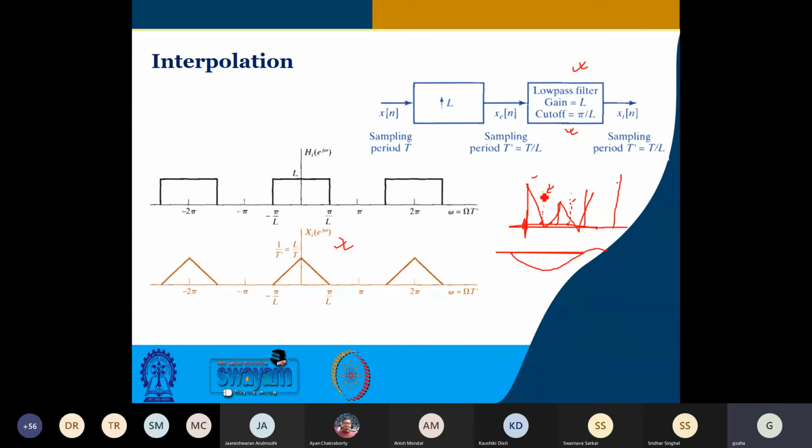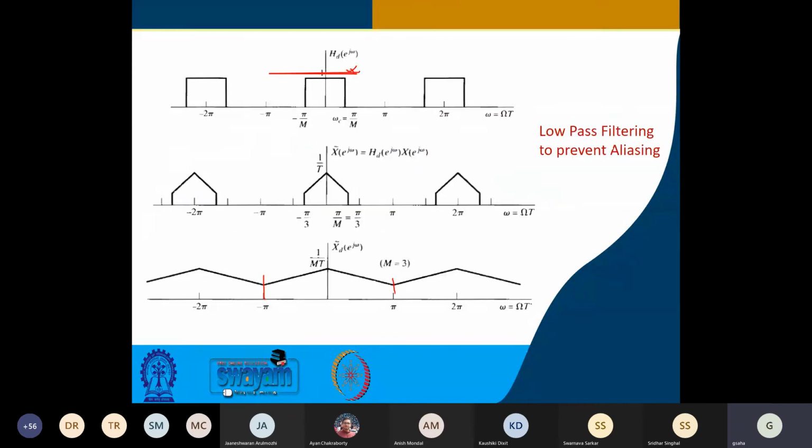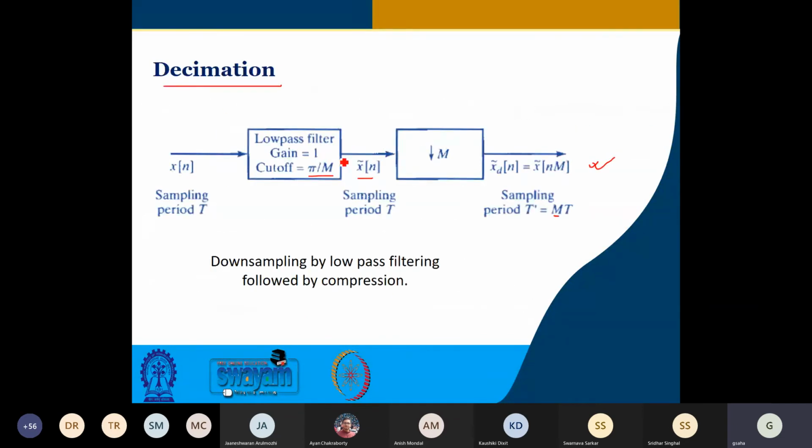Okay. So we discussed it for 2 and we can extend it for any other rate L, and then the cutoff frequency will be pi by L. There are 2 copies here, then there will be L copies, so you will be just taking out 1 copy within the minus pi to plus pi range by passing it through a low pass filter with cutoff frequency pi by L. Now the other thing that we considered before, the gain was 1 here, right?